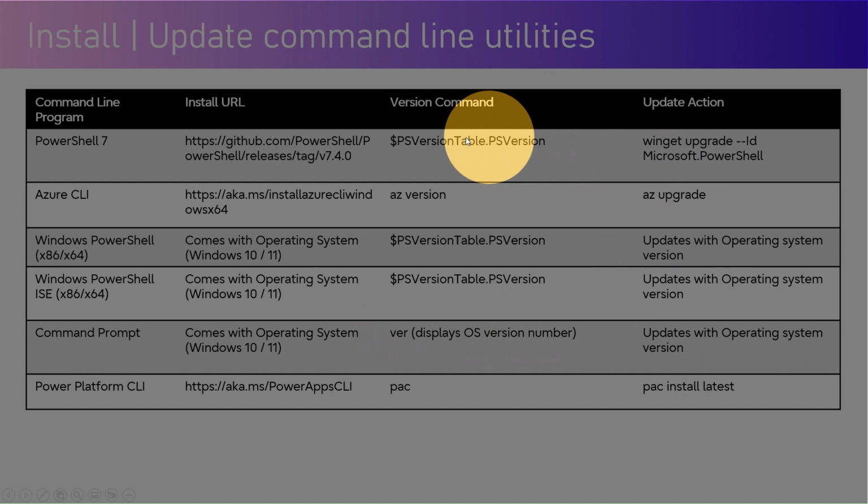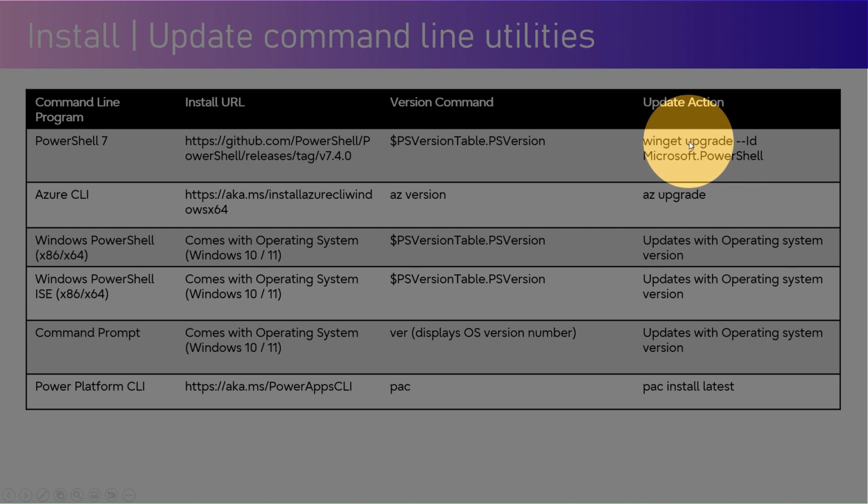Once you install the command line application, quite possibly it may get outdated over a period of time. Then you need to update that command line. There are multiple ways. I've listed only the command line based approach, whereby you can upgrade the command line programs. For PowerShell 7, there is a command called winget upgrade --id Microsoft.PowerShell.